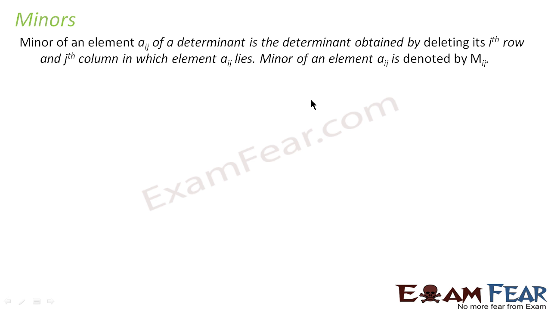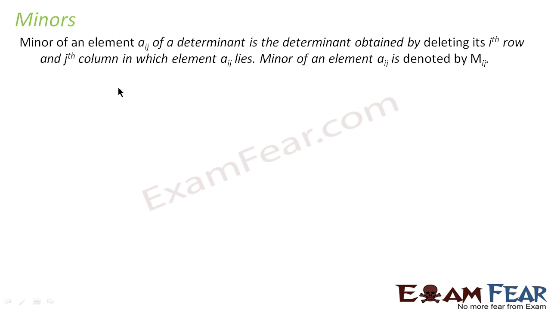Now let us understand a new topic called minors. What are minors? Minors are the elements of a determinant obtained by deleting its ith row and jth column. So when I say minor of aij, we remove the ith row and jth column.